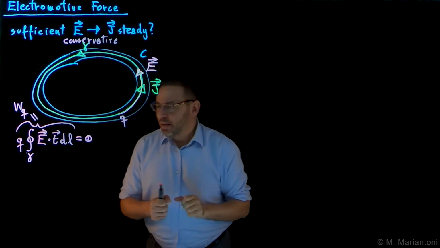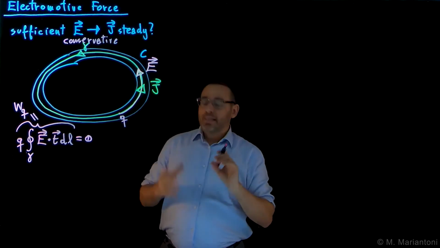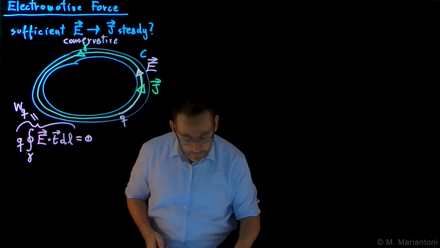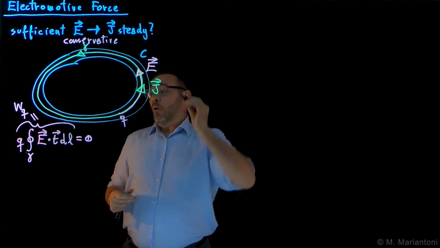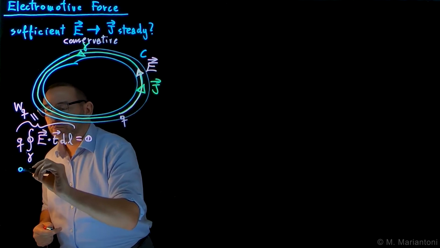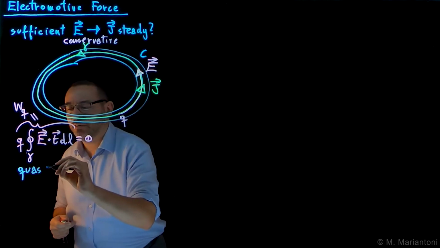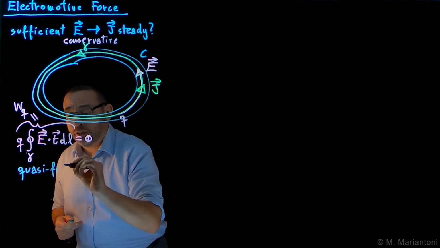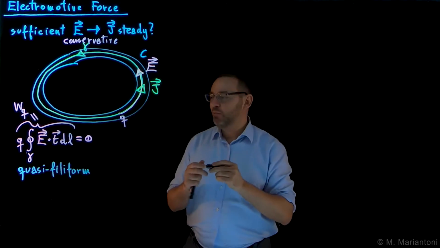All right. Let's try to understand this concept a little more closely. Let us assume for a minute that our circuit here is a quasi-filiform circuit. You could also do it for a filiform one, but I prefer quasi-filiform. We encountered quasi-filiform flux tubes and circuits in a previous video.